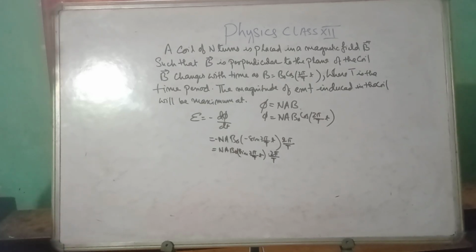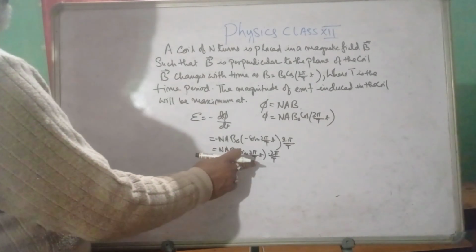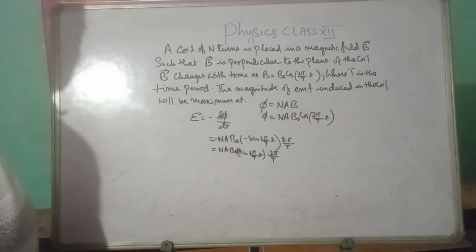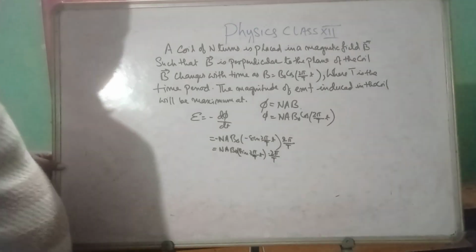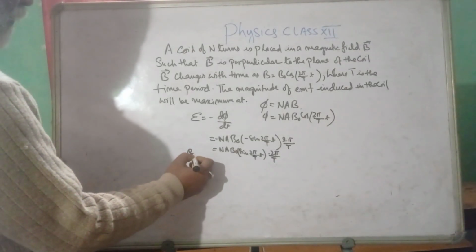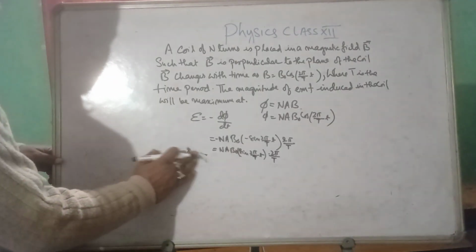And this EMF will be maximum when the value of sine is 1, that is sine of 2 pi by T into t. I'm writing it in short.